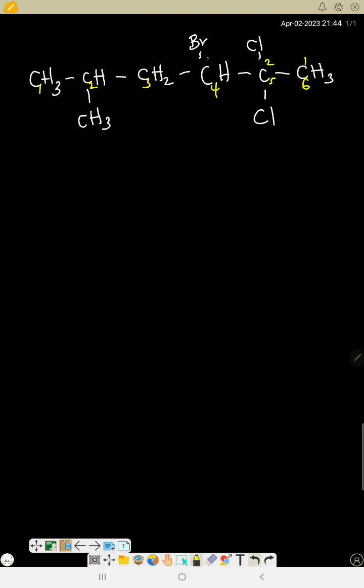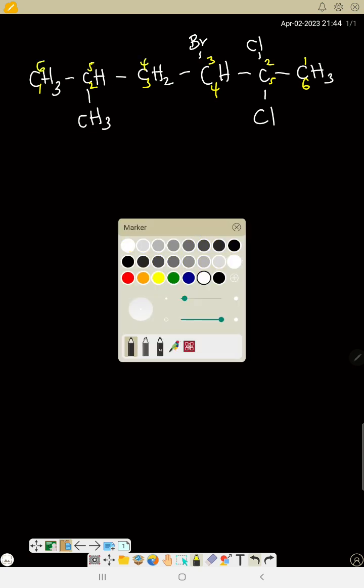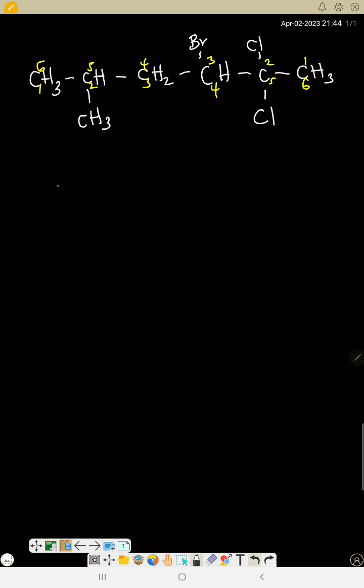So that is the longest continuous carbon chain. So 6 is hex. So because everything is single bond, that is hexane.